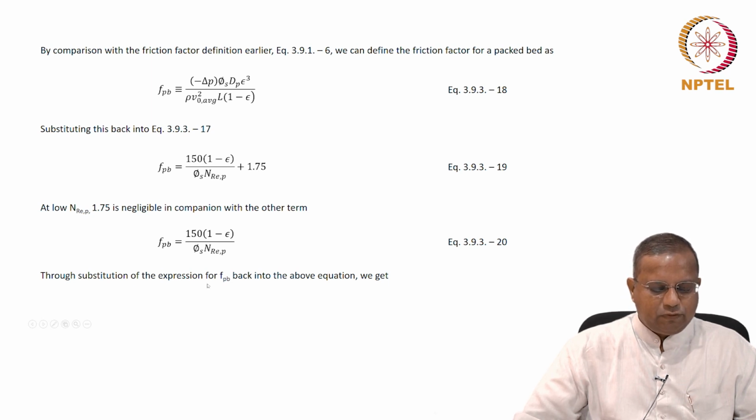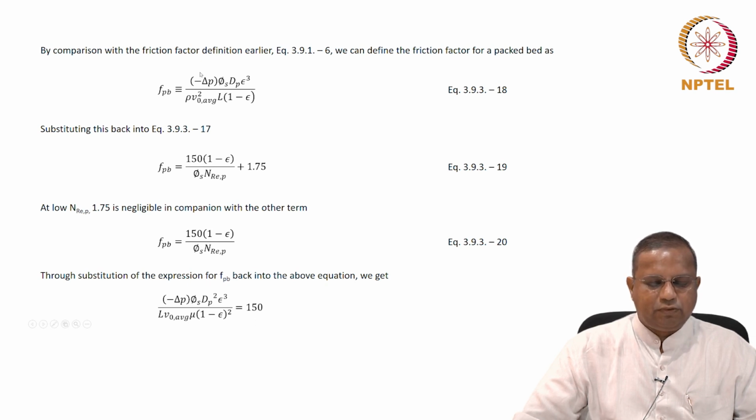Through substitution of the expression for FPB back into the earlier expression, we can get minus delta P phi s dP cubed epsilon by L V naught average mu into 1 minus epsilon squared is 150.